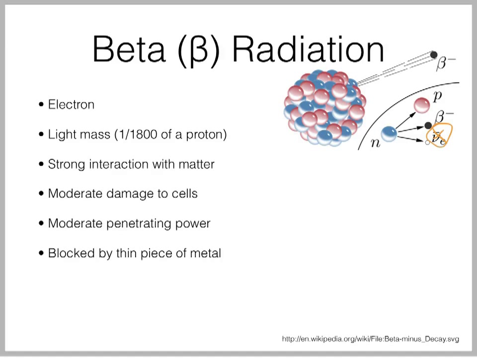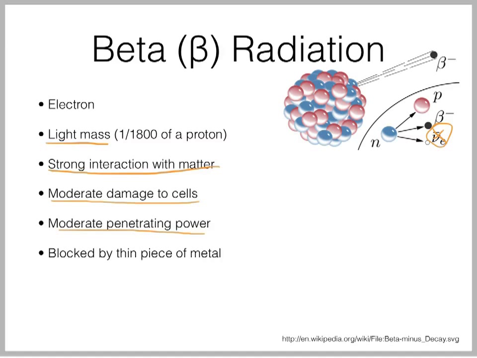Now, beta radiation, because it's electrons, is incredibly light, 1/1800th the mass of a proton. They have a relatively strong interaction with matter because they are negatively charged. Once again, moderate damage to cells, because they have a negative charge. They have a moderate penetrating power, especially compared to alpha particles.